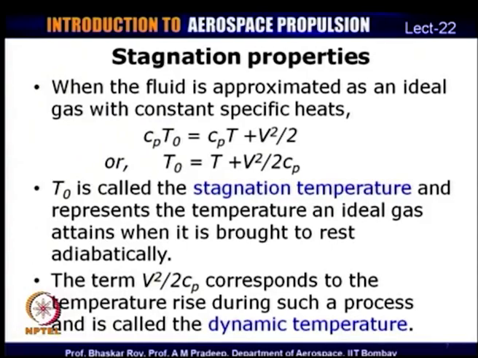And the second term, that is V square by 2 Cp, corresponds to the temperature rise during such a process, and because it can change with velocity, it is called dynamic temperature. So, you can immediately see that for non-zero velocities, stagnation temperature will always be greater than the static temperature, which is something we have defined earlier as well.